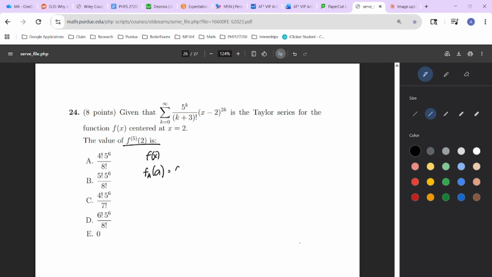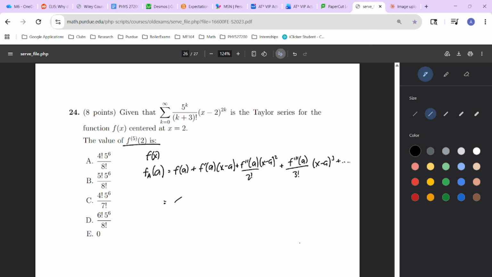Your Taylor series looks like f of a, or the point itself at x equals a, plus the first derivative at a multiplied by x minus a, plus f double prime of a multiplied by x minus a squared, and that would be over 2 factorial, plus f triple prime of a over 3 factorial times x minus a cubed, and then plus so on and so forth.